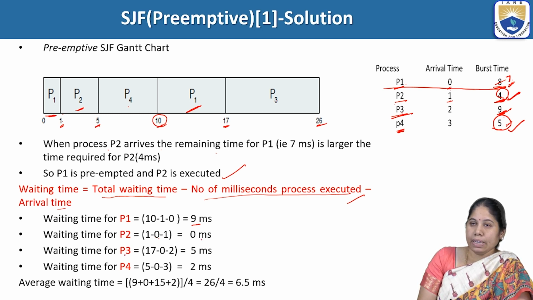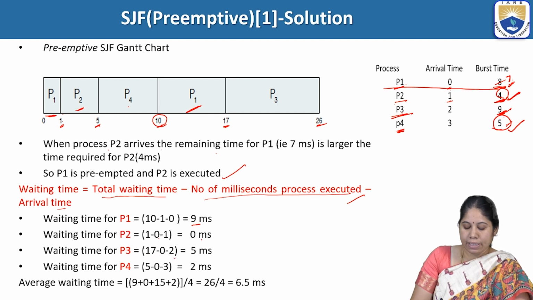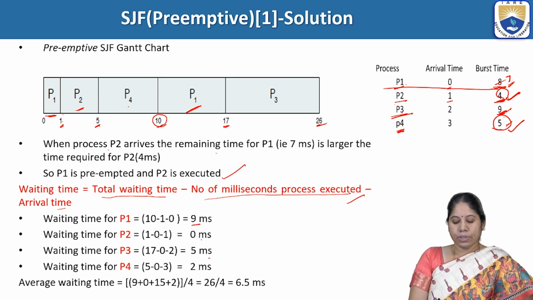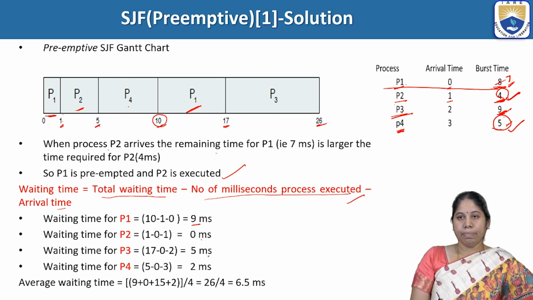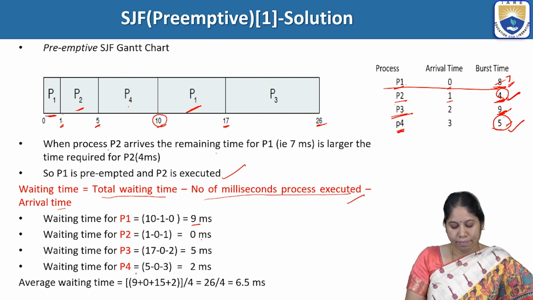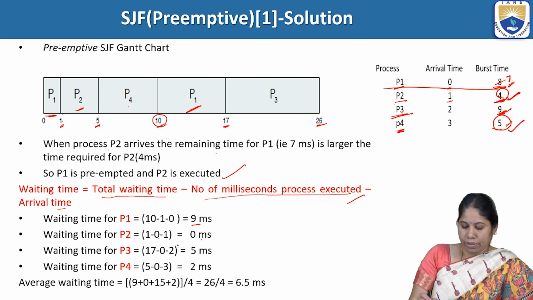Waiting time for P3 equals 17 minus 0 minus 2, which is 15 milliseconds. Waiting time for P4 equals 5 minus 0 minus 3, which equals 2 milliseconds.